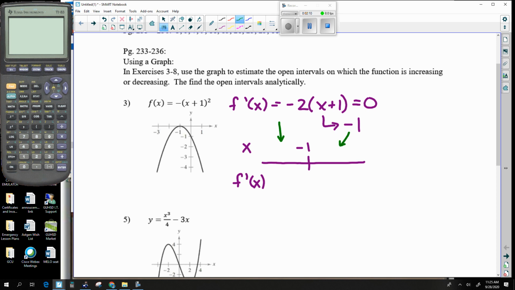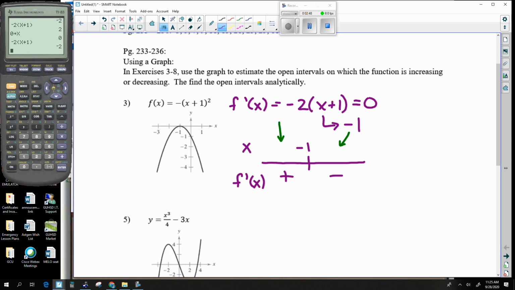Any number less than -1, like -2, for instance, I put into my derivative, not the original equation, and I see that that is a positive number. It'll be 0 at -1. Now I go to a number that is bigger than -1, such as 0. I put that in my derivative, and I get an answer that is negative.